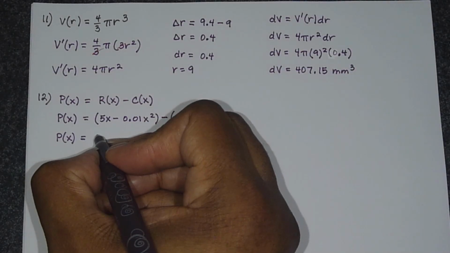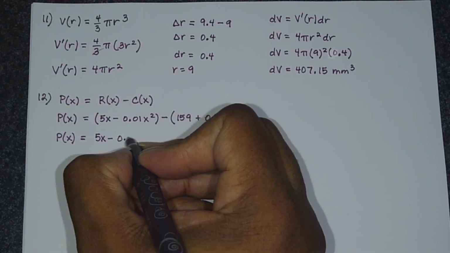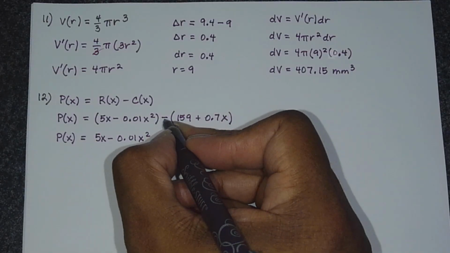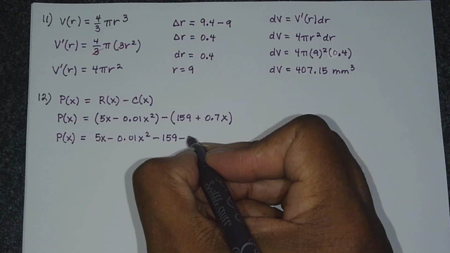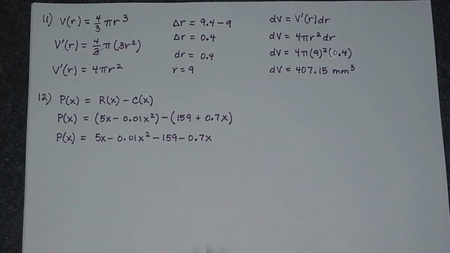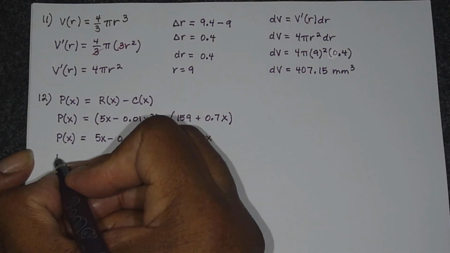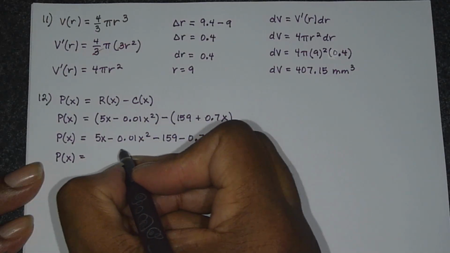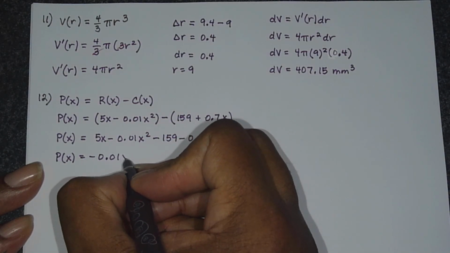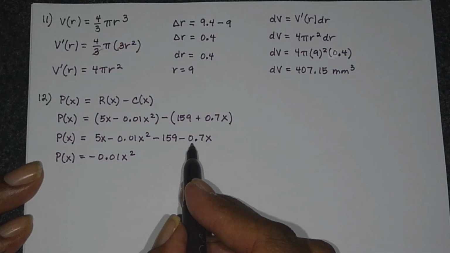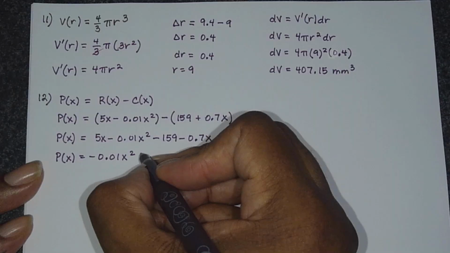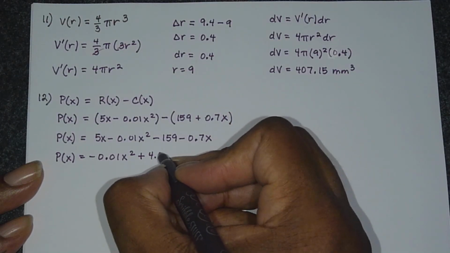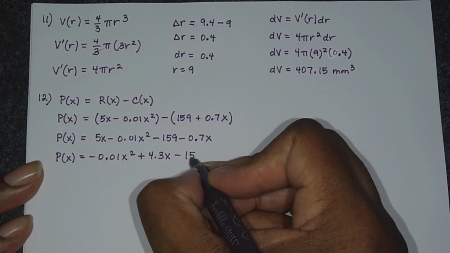Okay. Now, I can write this without the parentheses, but that minus sign makes minus 159, and the minus sign makes a minus 0.7x. And then we're going to combine like terms here. I'm going to put the negative 0.01x squared in front, but what's 5x minus 0.7x? 4.3x. And then minus 159.